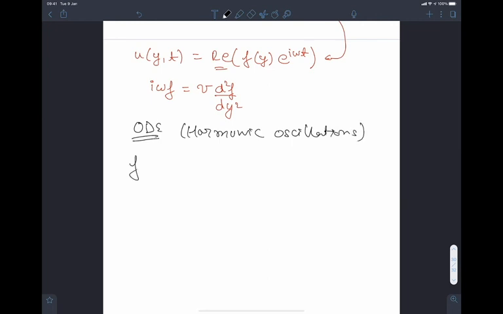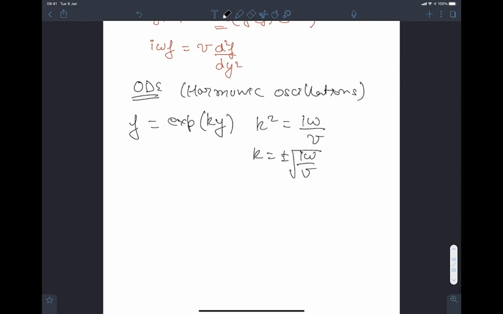The solution will be of the form that f is equal to exponential of ky, where k square is iota omega by nu. So this is the part of the harmonic oscillators, and k is plus minus square root of iota omega by nu, which gives that k is equal to plus minus iota plus 1 square root omega by 2 nu.